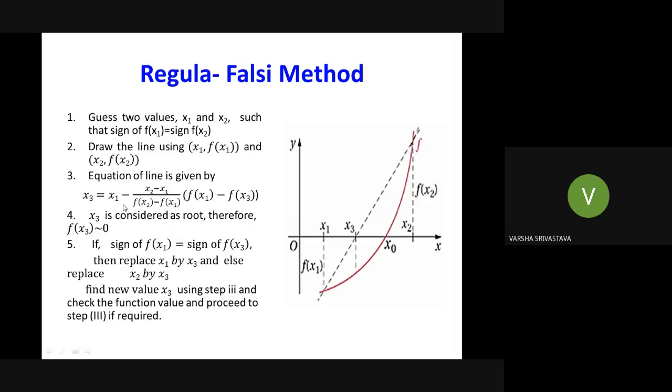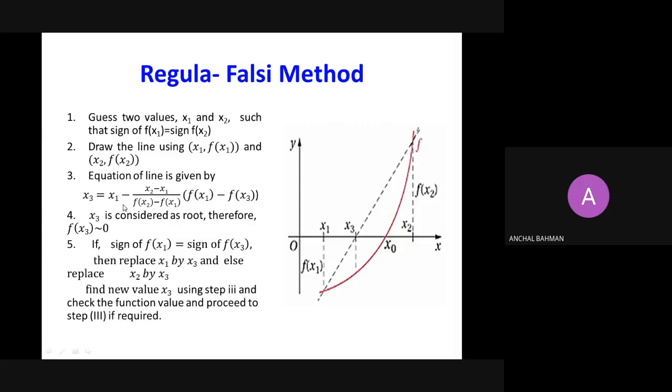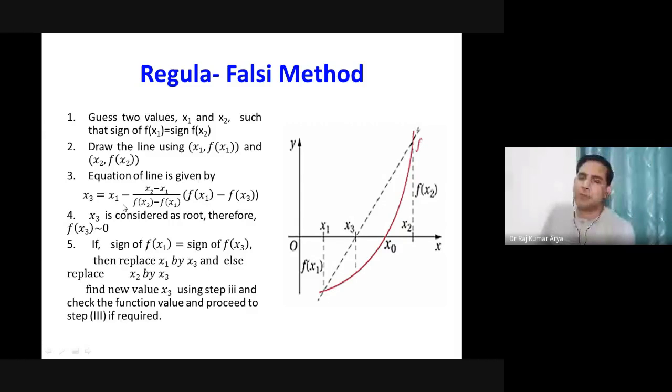That is y minus y1 equals y2 minus y1 divided by x2 minus x1, multiplied by x minus x1. That's the equation of a line passing through any two points. In this case, x would change to x3, and y would change to y3 or fx3.